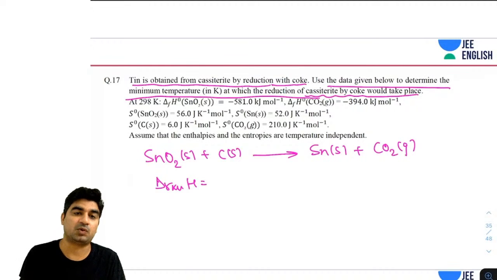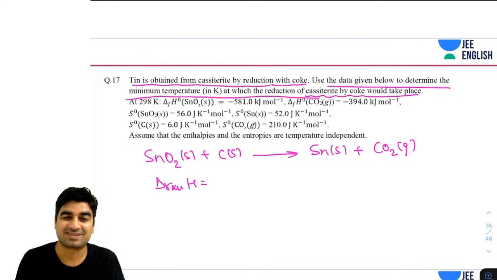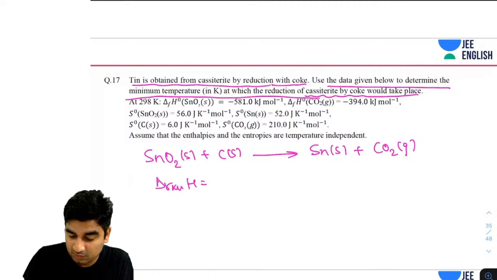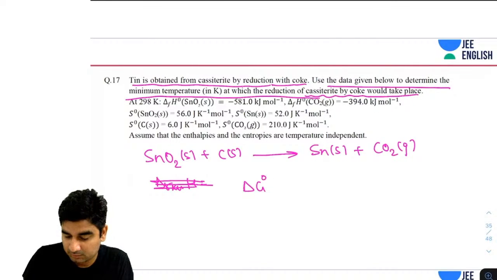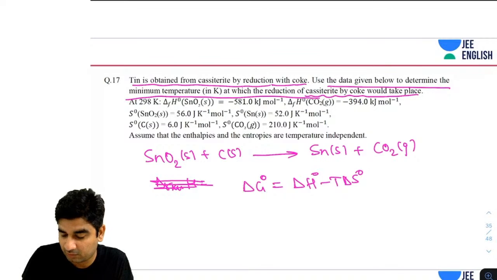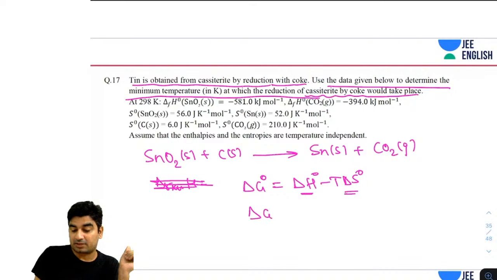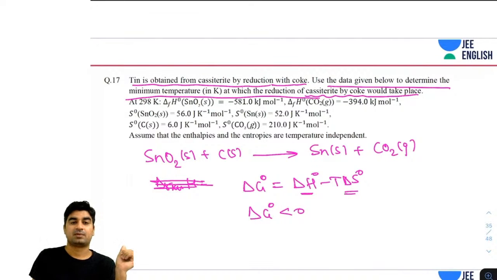So guys, what will you do? What will you do, guys? If you want to calculate the minimum temperature at which this reduction will take place, first of all you have to find out delta H naught and delta S naught for the reaction. And in order to be spontaneous, delta G naught has to be negative.